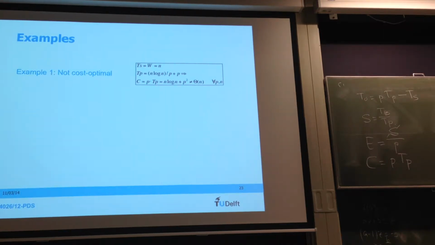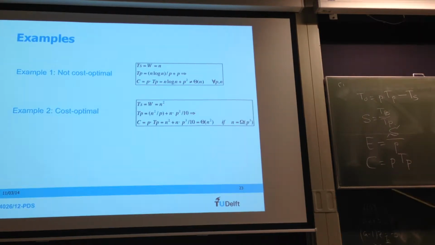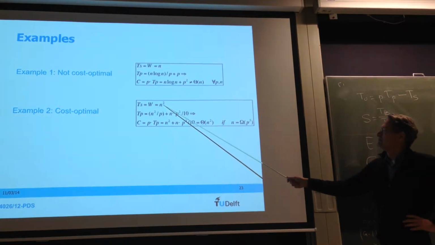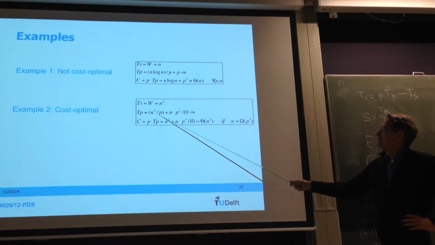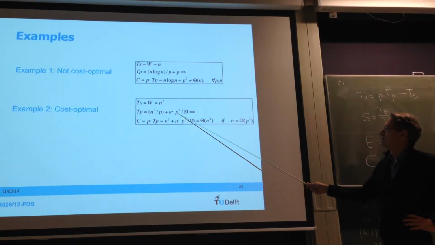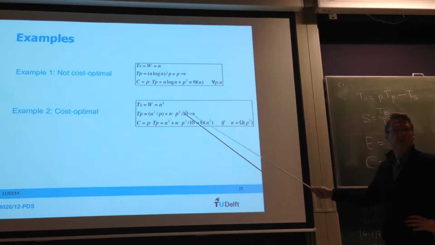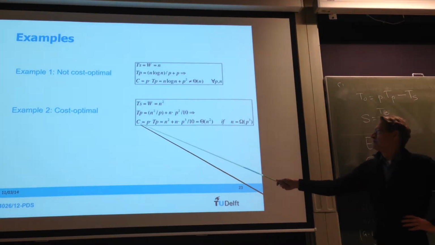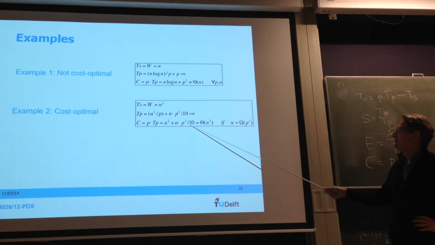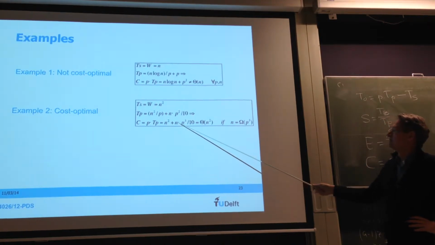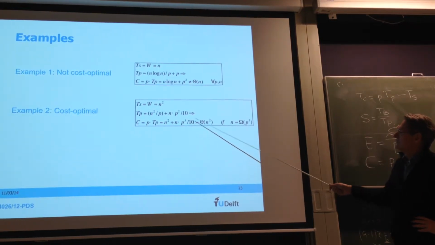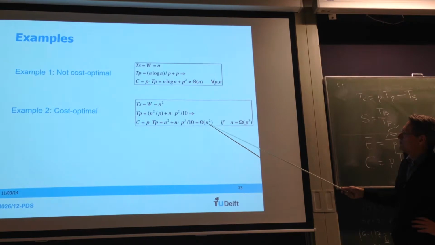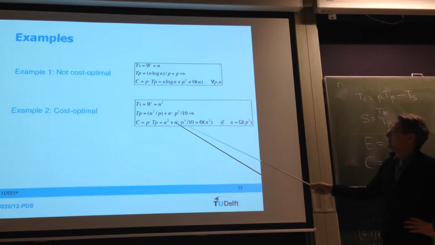Second example. The workload is n squared. And the parallel execution time is n squared divided by 2p plus n times p squared divided by 10. Right? The same, you determine the cost and you get this expression. Now here you see that we have to equal it to the workload of the sequential algorithm, which is n squared. So this is fine, and this is not fine.